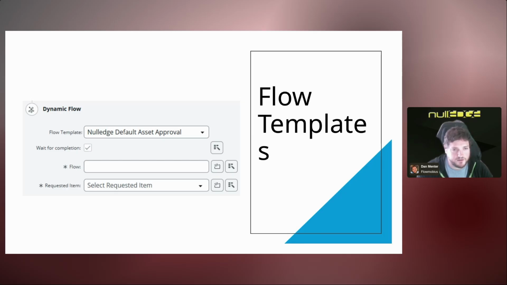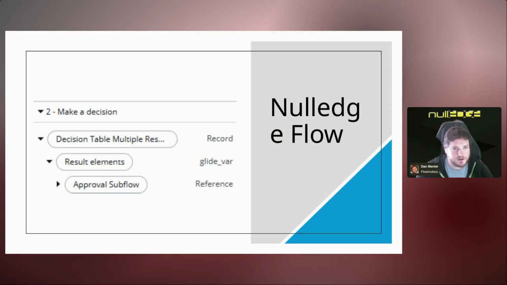So in order to fill this out, we have to put in two pieces of data, a flow and the requested item. And this is where I was talking about getting rid of branches earlier. If we go over to our right-hand side in Flow Designer, we're able to see the decision table results, dig into the results elements, and then finally dig into the actual approval flow that is returned from that decision table itself.